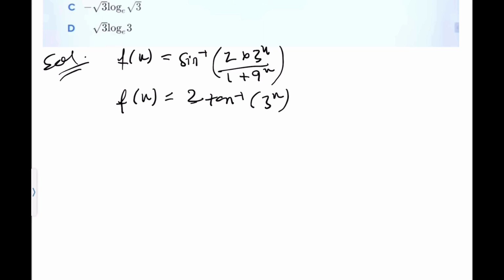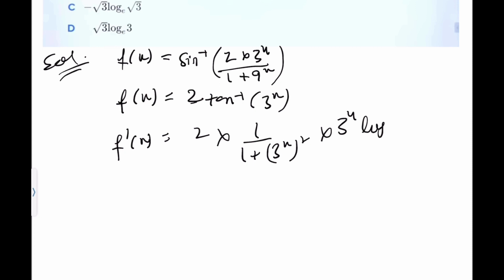Then we will find our f dash x. It will be twice into 1 upon 1 plus (3 to the power x) squared, multiplied by 3 to the power x, multiplied by log of 3.